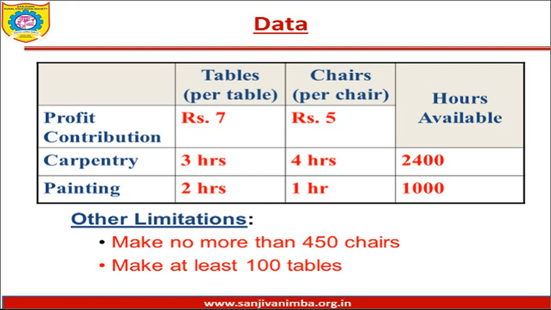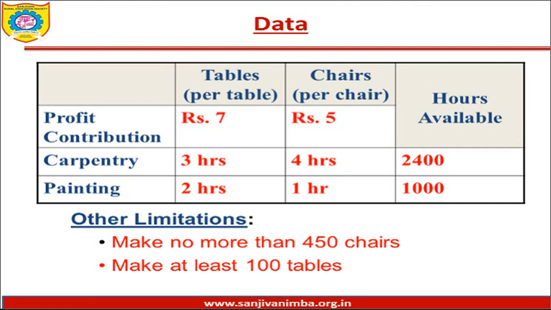Secondly, they have also provided you the data regarding the number of hours of carpentry and painting required to manufacture a table and chair. In case of carpentry, for tables it requires 3 hours to make one table, and for making one chair you require 4 hours of carpentry work.